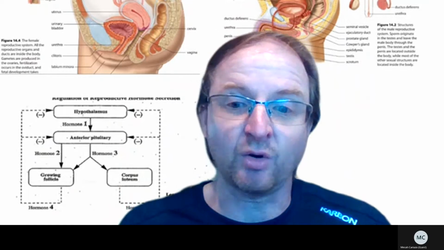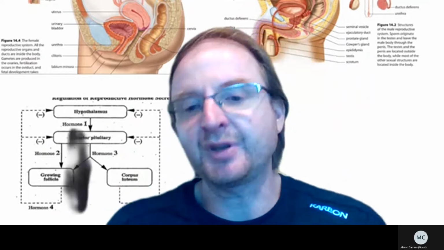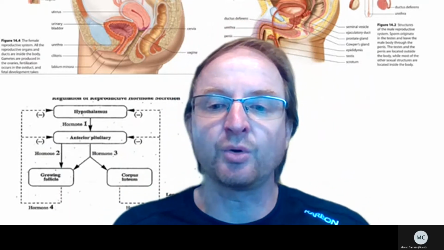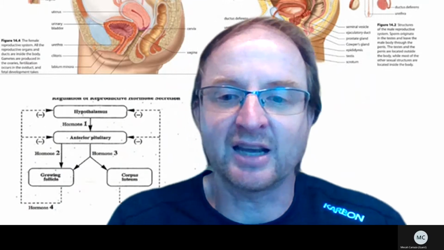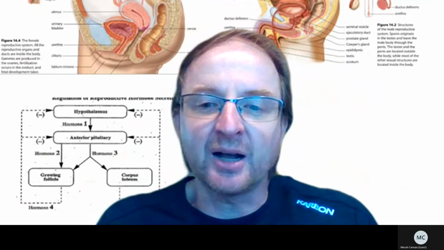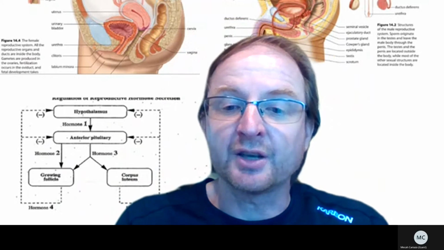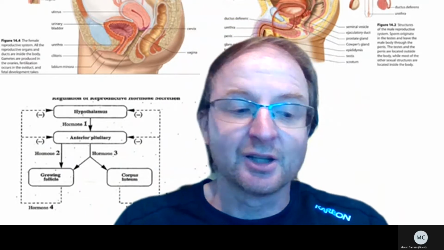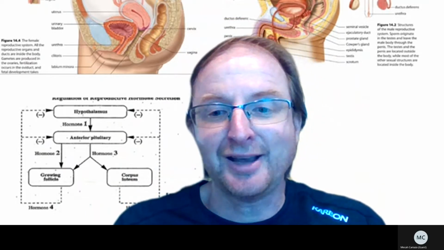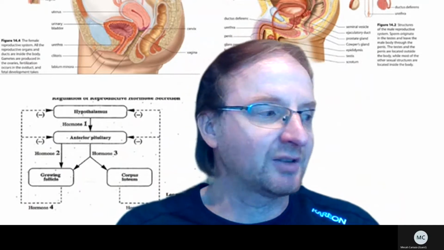That promotes muscle growth, deeper voice, larger larynx growth. So basically it turns guys into guys. And in females, luteinizing hormone causes the corpus luteum to produce estrogen. That's basically the female hormone.